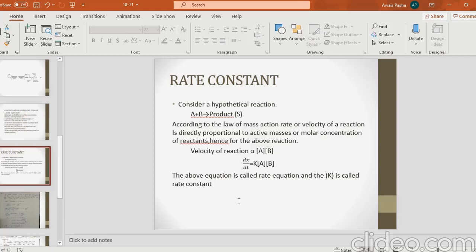So the above equation can be written as dx by dt is equal to K concentration of A multiplied by concentration of B, where K is the rate constant.